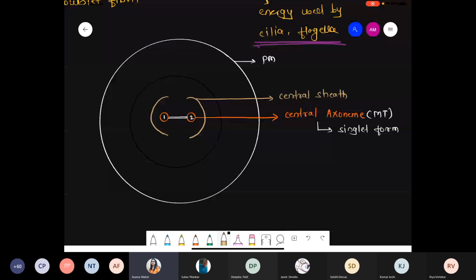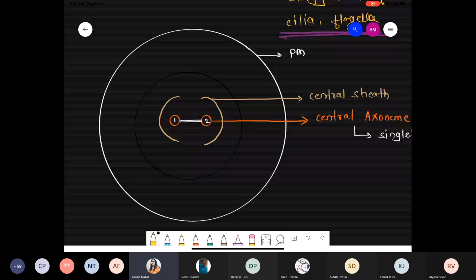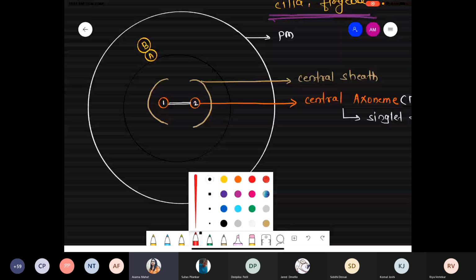So we try to draw those structures. Where were we? The doublet form: doublet form 1, 2, total 9 sets. So this was 1, 2, which becomes A and B, and you know very well A and B basically have dynein protein, so we have to draw that also like this.